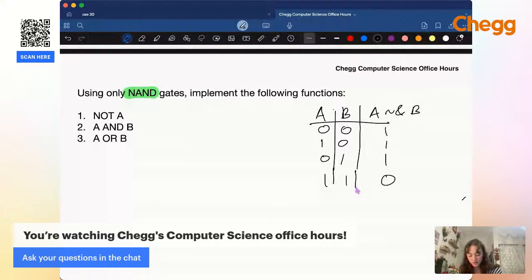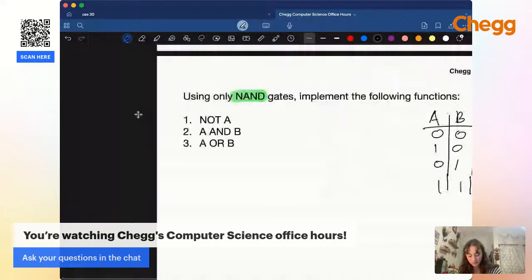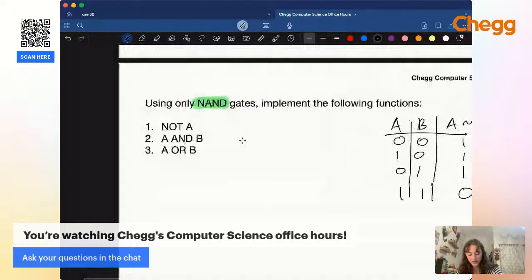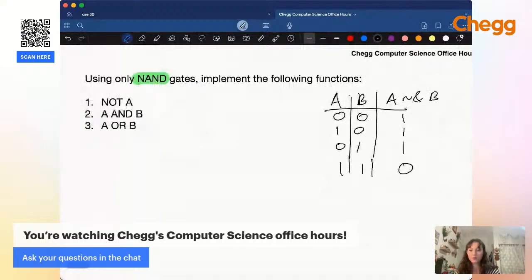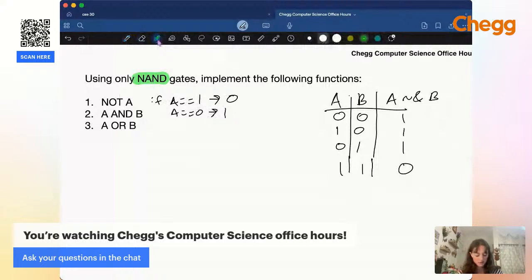Okay. So for A, A can either be 1 or 0, right? So if A is 1, we want it to return 0, and if A is 0, we want it to return 1. So if we see here, if we NAND 0 and 0, it returns 1, and if we NAND 1 and 1, it returns 0.